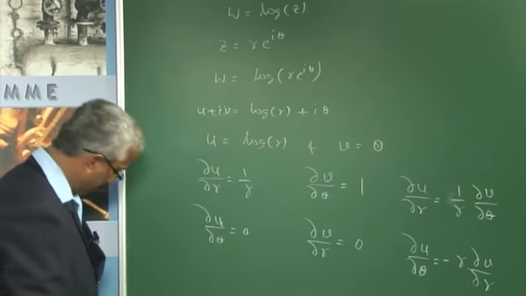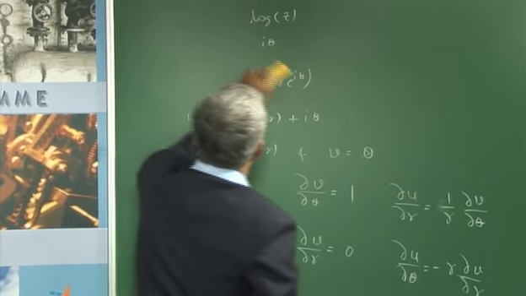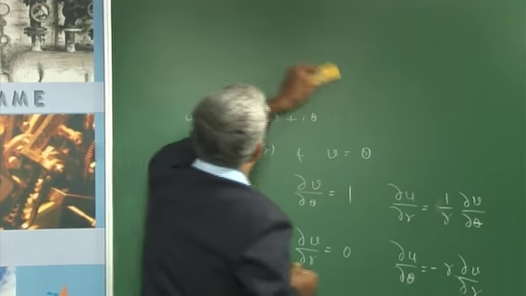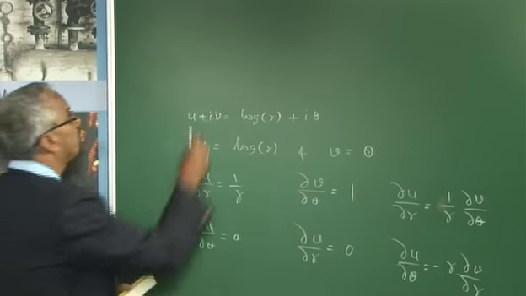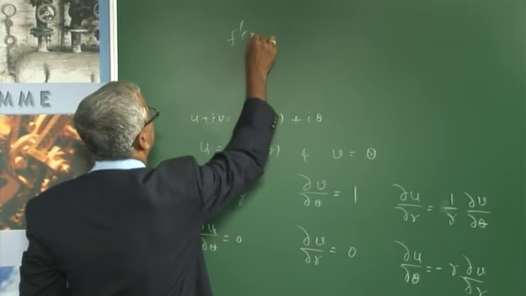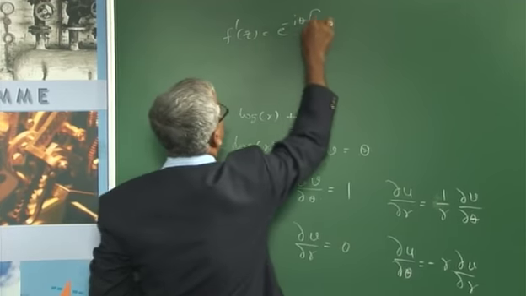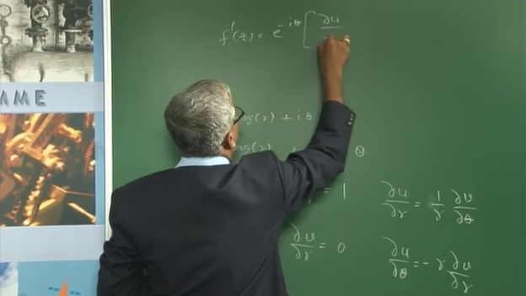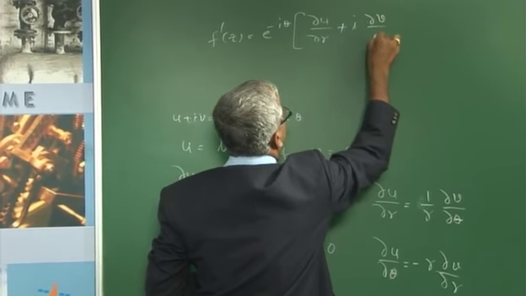Once the CR equations are satisfied, we can find the derivative of this function. Log z satisfies CR equations. So, consider f dash z is equal to e power minus i theta into dou u by dou r plus i into dou v by dou r.